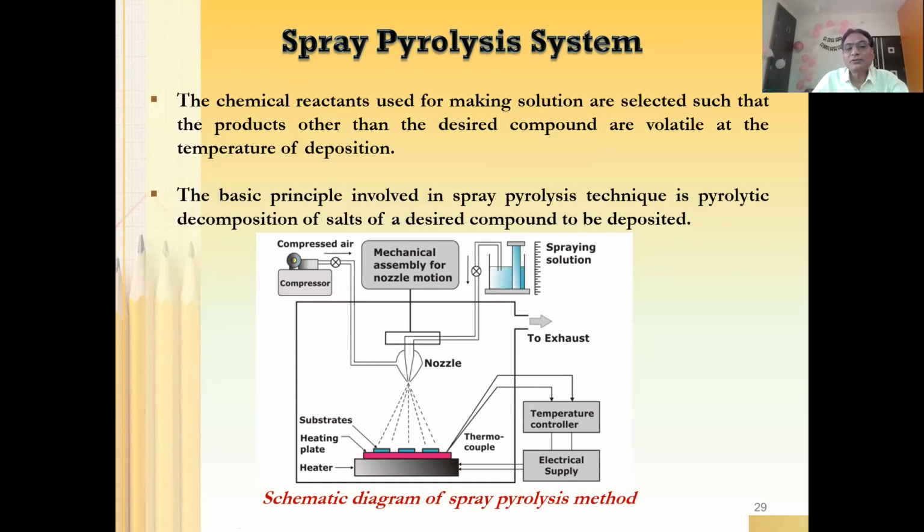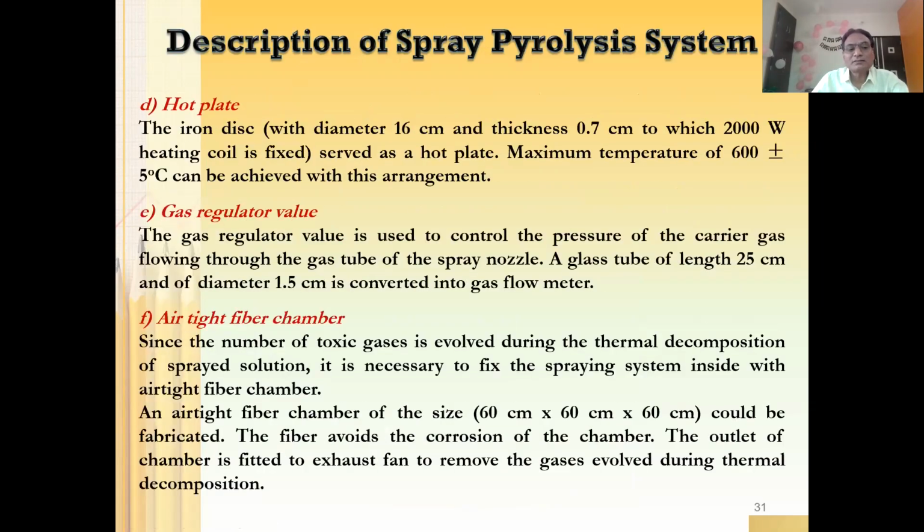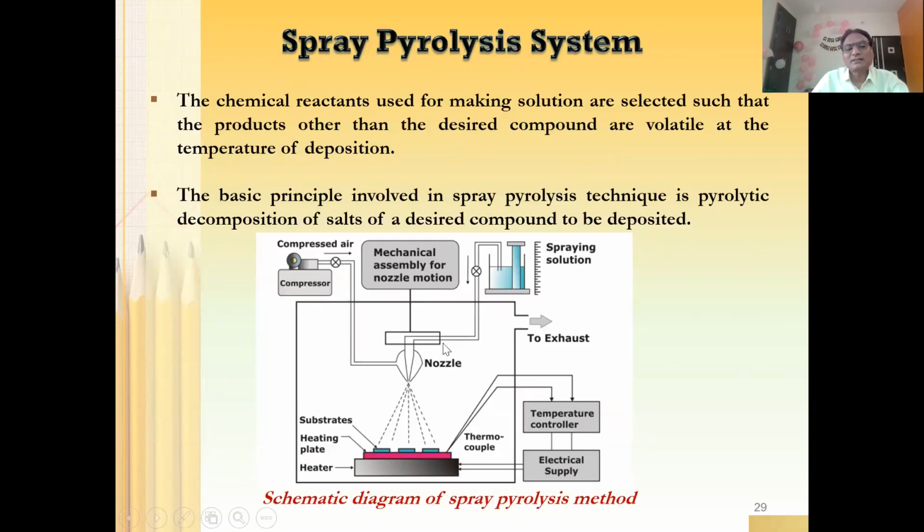Okay, and therefore the airtight chamber is needed. Otherwise, what will happen? The chamber will have a lot of hazardous gases. Sometimes the gases may evaporate, may be hazardous, and therefore they are going to be properly vented through this mechanism.